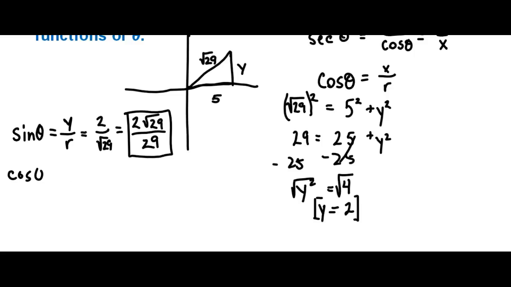Cosine of theta is x over r. So cosine would be, x is 5 over square root of 29. So therefore, we would have 5 root 29 over 29.